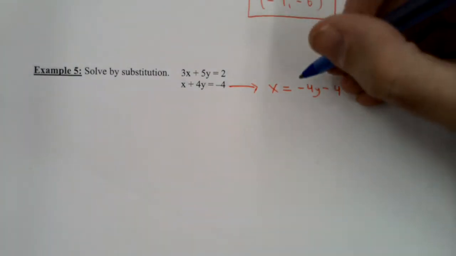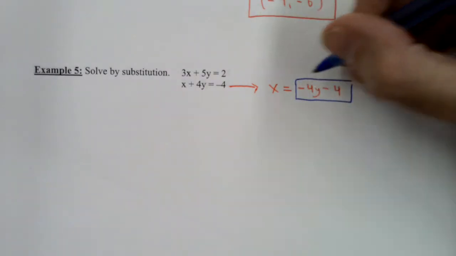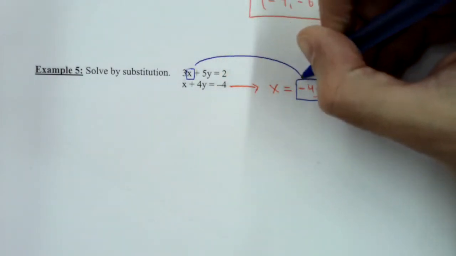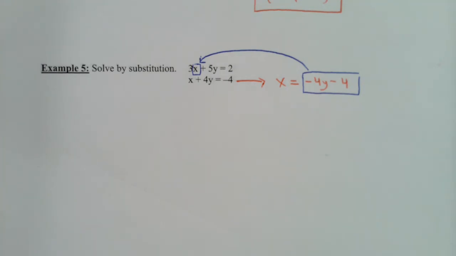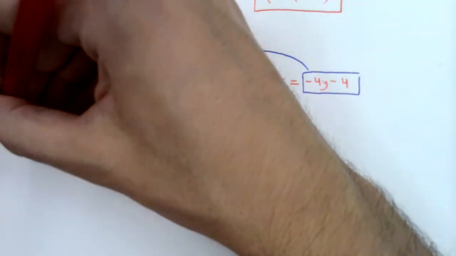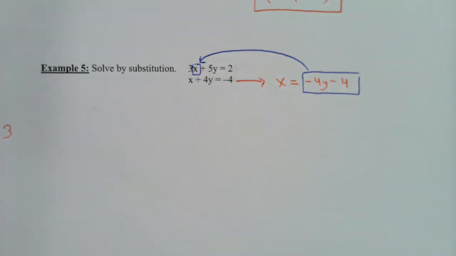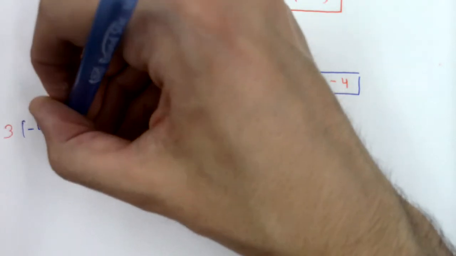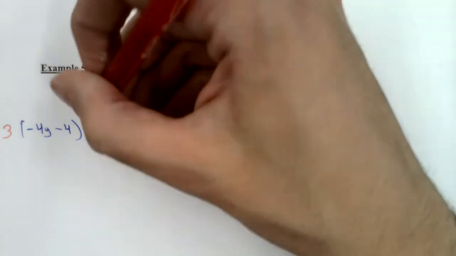So now that that's solved for x, you want to take that and you want to substitute that in to the top equation for x. So I'm going to write down 3 times x, but I'm going to substitute negative 4y minus 4. Plus 5y equals 2.